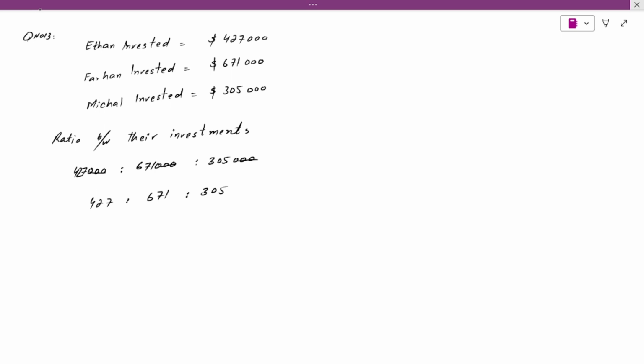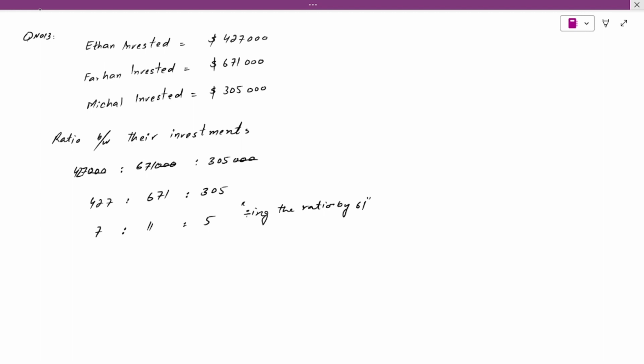So let us simplify this ratio. Dividing the ratio by 61, we get the simplified ratio, that is 7 ratio 11 ratio 5.